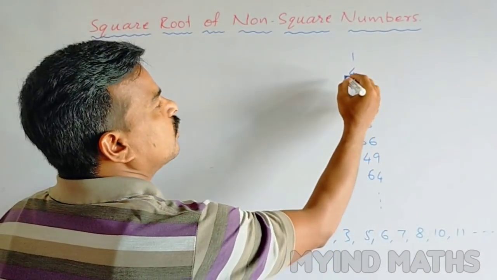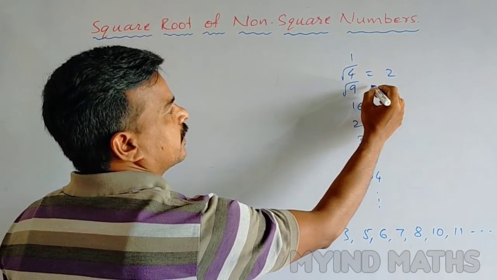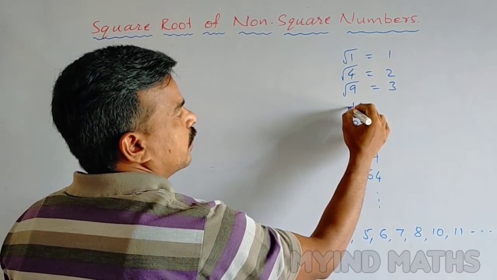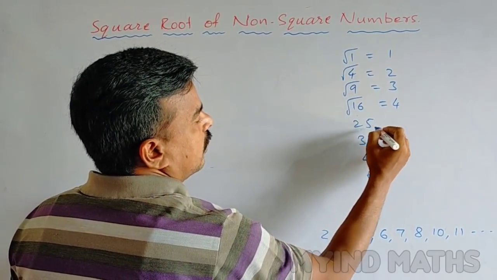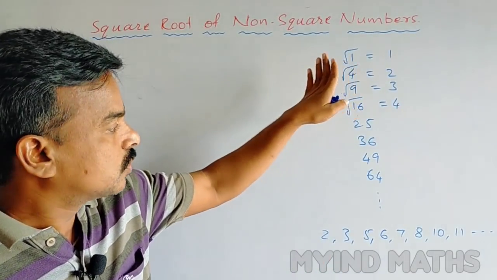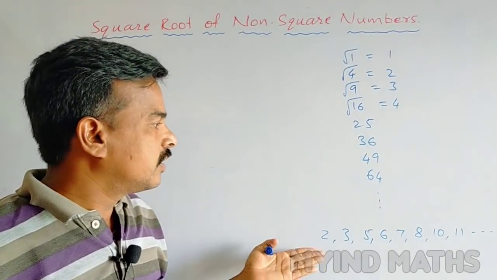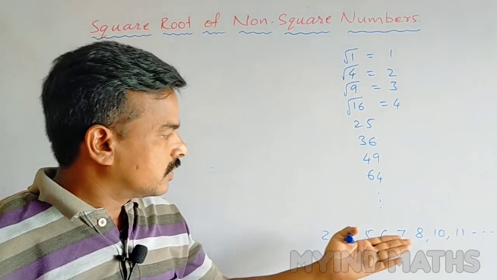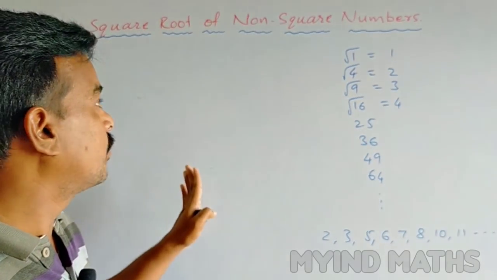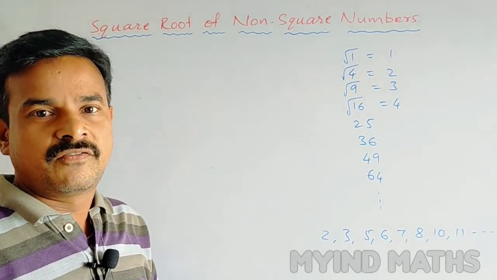For example, the square root of 4 we can write easily: 2. Square root of 9 is 3, square root of 1 is 1, square root of 16 is 4. We can write the answer easily for square numbers. But how can we find the square root of non-square numbers in a short method, that means the approximate value in decimal form?